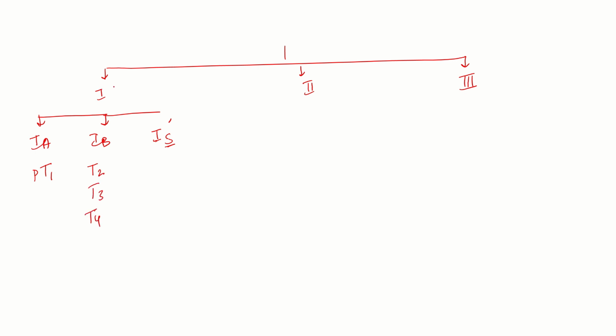You can also remember as stage 1 only the presence of T, with N0 and M0. Presence of nodal metastasis comes under stage 2, and presence of distant mets comes under stage 3.